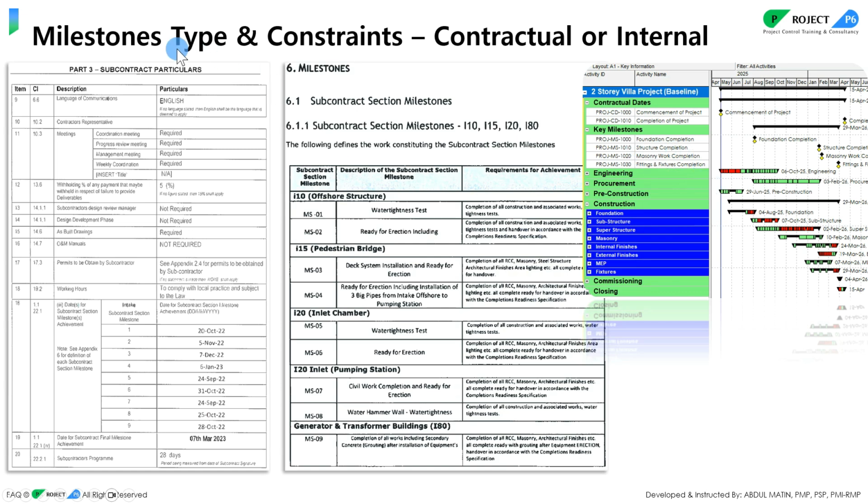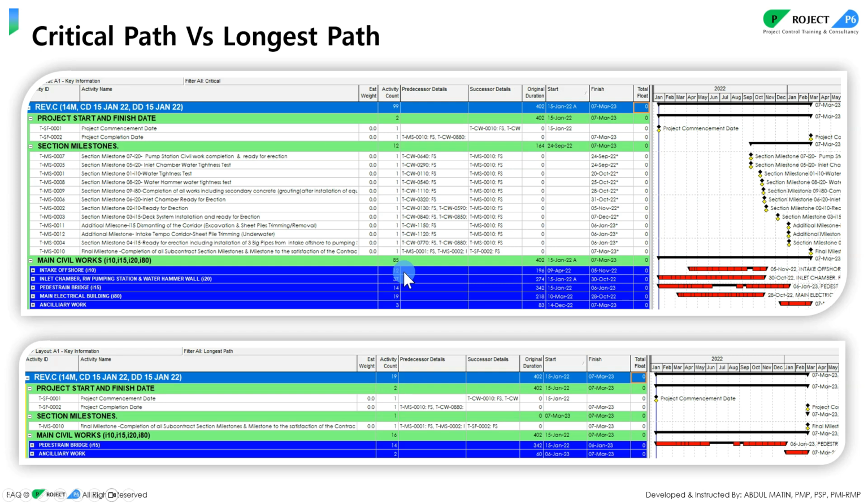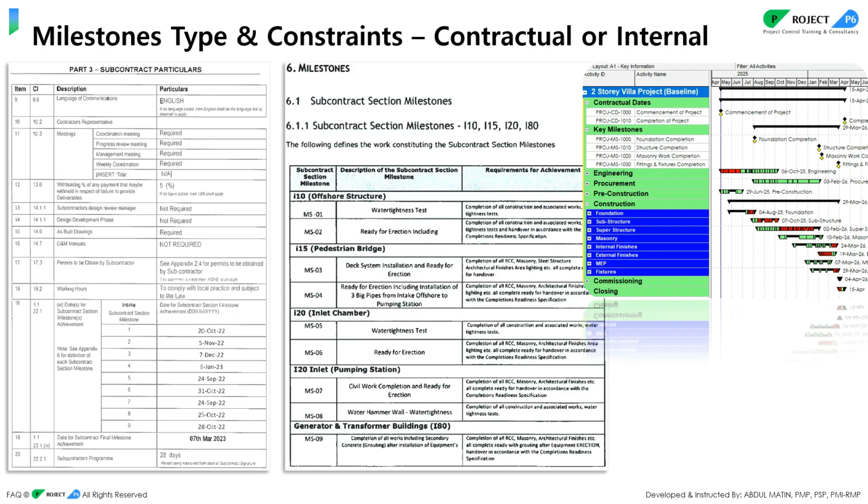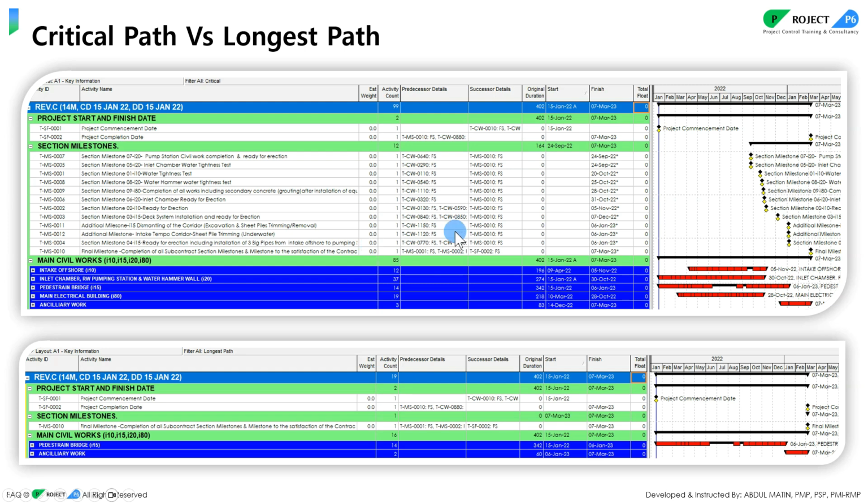So what we will do with the contractual milestone? Because this milestone is just to track, there is no constraint required here if it is not set by the organization. But for a contractual milestone, you have to lock this date so that any impact on this date should be reflected in the schedule as a negative impact, so that you will be aware. Okay. For example, whatever the items mentioned here are reflected in this schedule. You see here, all the areas are on the critical path, but in reality, it should not be.